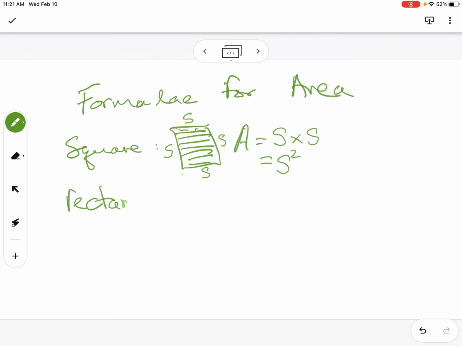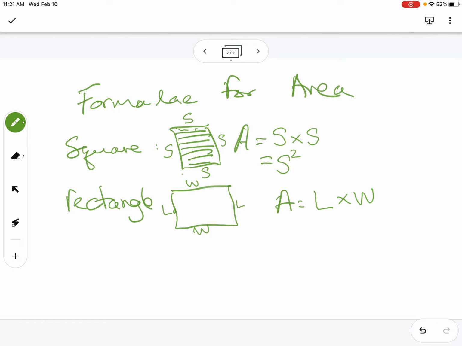If it's a rectangle that I'm counting the area of, then it's going to have length, and opposite sides in a rectangle are always equal, and width. The area of a rectangle, and lots of people will remember this formula, is length times width.